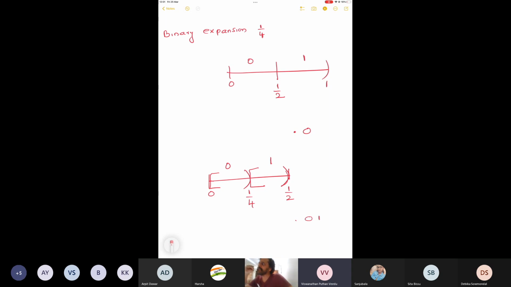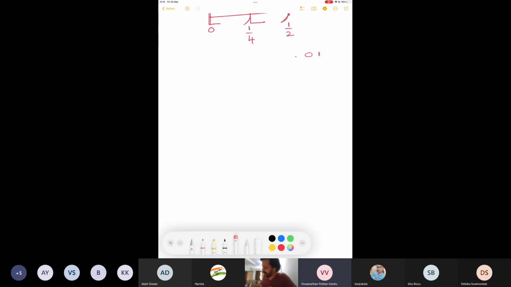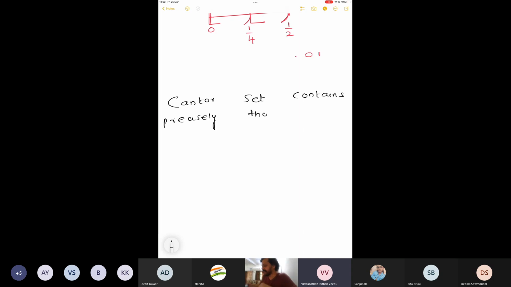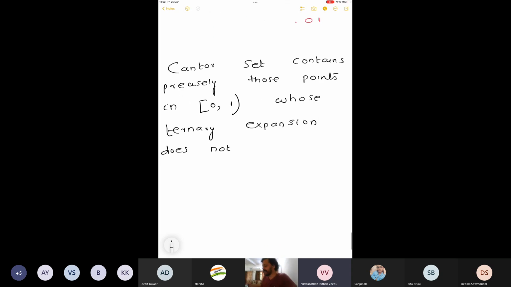I claim that the Cantor set contains precisely those points in (0, 1) whose ternary expansion does not contain a certain digit. Which digit will not be there? Can you guess? 1. Why is it so?